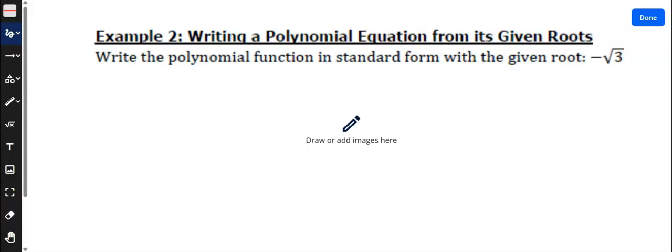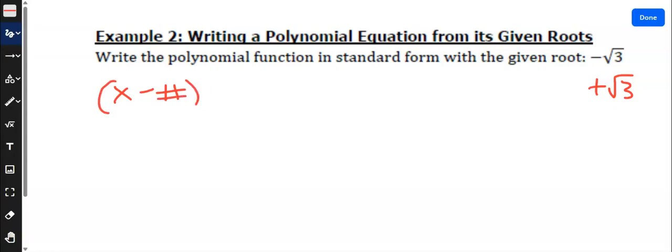Write the polynomial function in standard form with the given root, negative square root 3. So you immediately know positive square root 3 is also going to be involved, right? Because they come in conjugate pairs. Now, if we know that all factors can be written x minus a number, right? That's how we write every single factor.